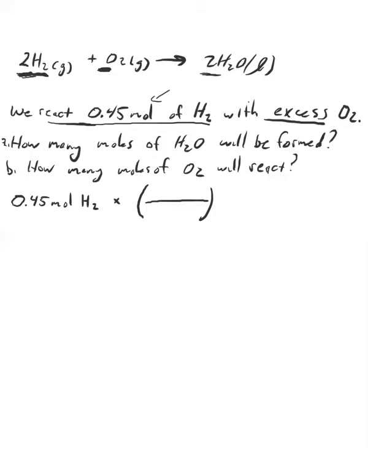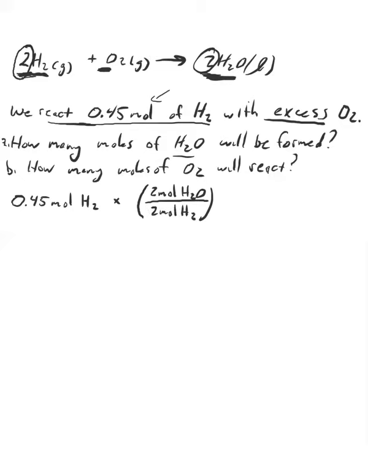Well, actually, the first substance we're asked for is H2O, so that's right there. So you look at the coefficient, it's 2. So every time that the hydrogen reacts, it gives you 2 moles of water. And how much hydrogen reacted to give you that water? 2 moles.